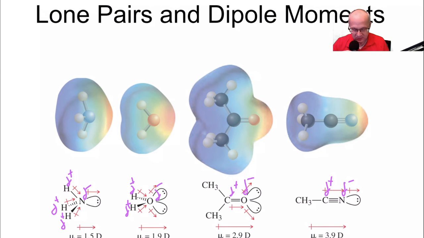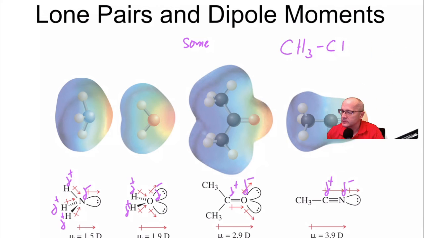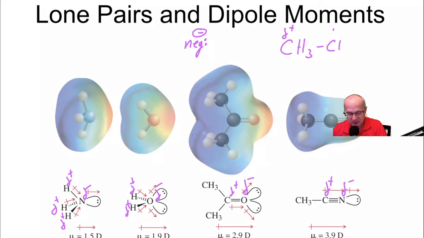It's important that you can identify where the delta positive charges and the delta negative charges are. For example, say we had methyl chloride and we gave it something negative. The carbon is delta positive, and the chlorine is delta negative.